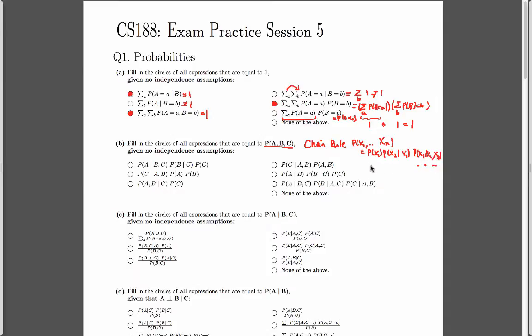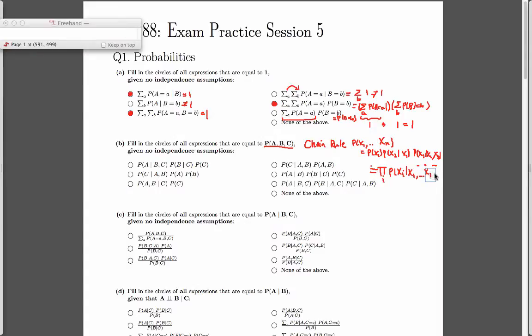Or more compactly, this is equal to the product over the i variables of the probability of xi given x1 through xi minus 1. So therefore, this first option is equal to the probability of a, b, and c.